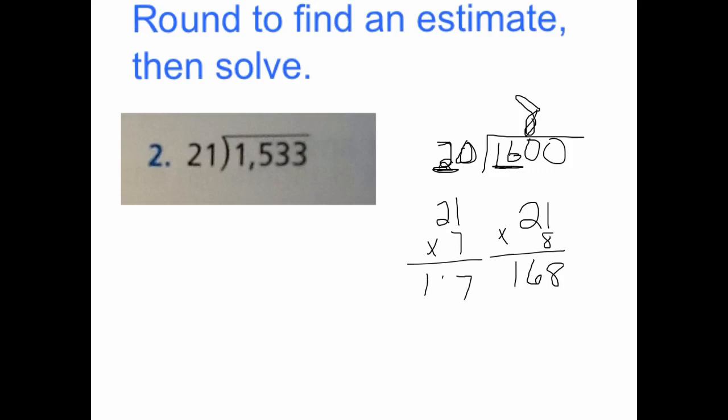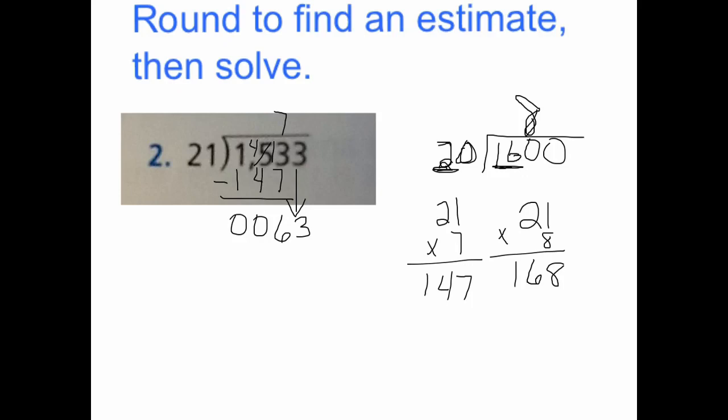147. So I put my 7 above the 3. My answer to that multiplication is 147. And now I subtract. 13 minus 7 is 6. And then the rest are zeros. Okay, next step is to bring down a 3. 21 into 63.